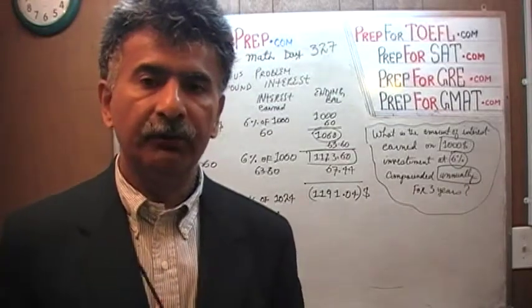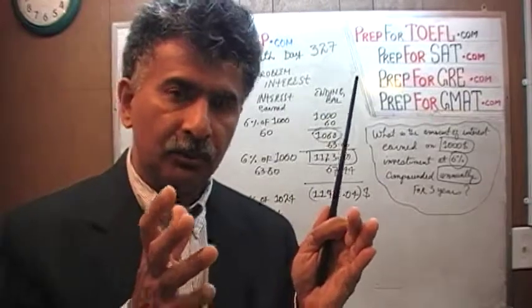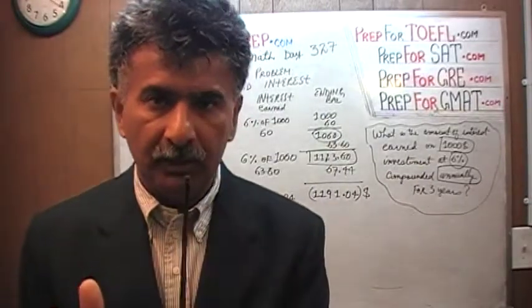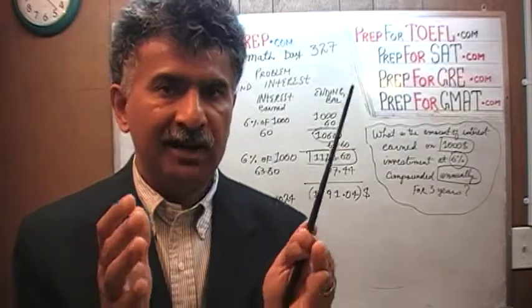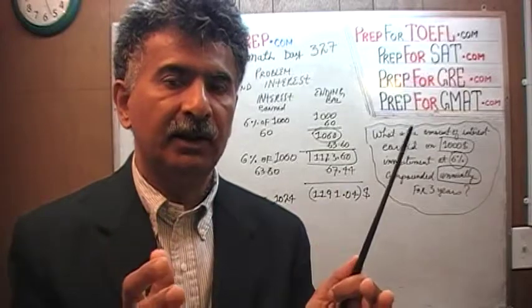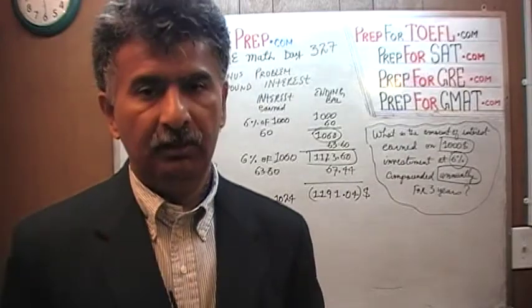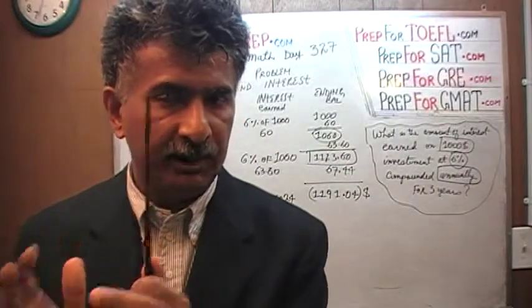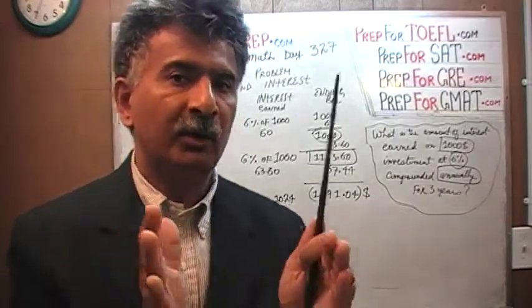So how much money do I need to put in the account today in order to have $1,000 if the bank is going to pay me 3.5% interest, compounded yearly, and if I'm going to keep the money in the account for 3 years? I want to make sure that at the end of 3 years, I have $1,000 in the account at that point. The question is, what do I need to invest today?